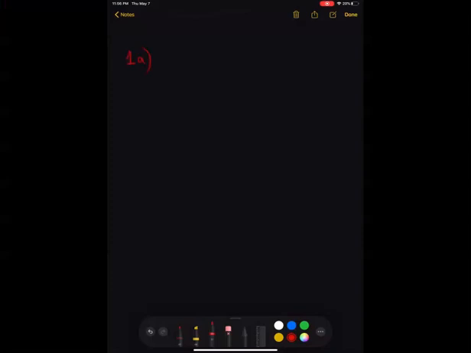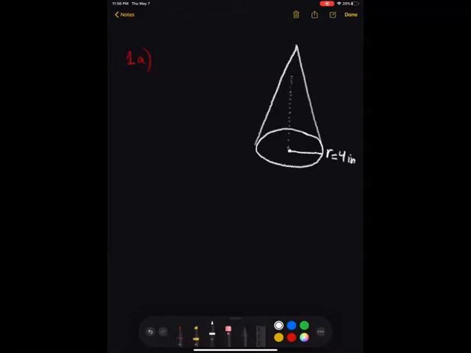1A, let me draw out our cone. We have the base and then the top part of our cone. The base, or the circle, has a radius of r equal to 4 inches. And then the height, I'm going to do it with a dotted line.